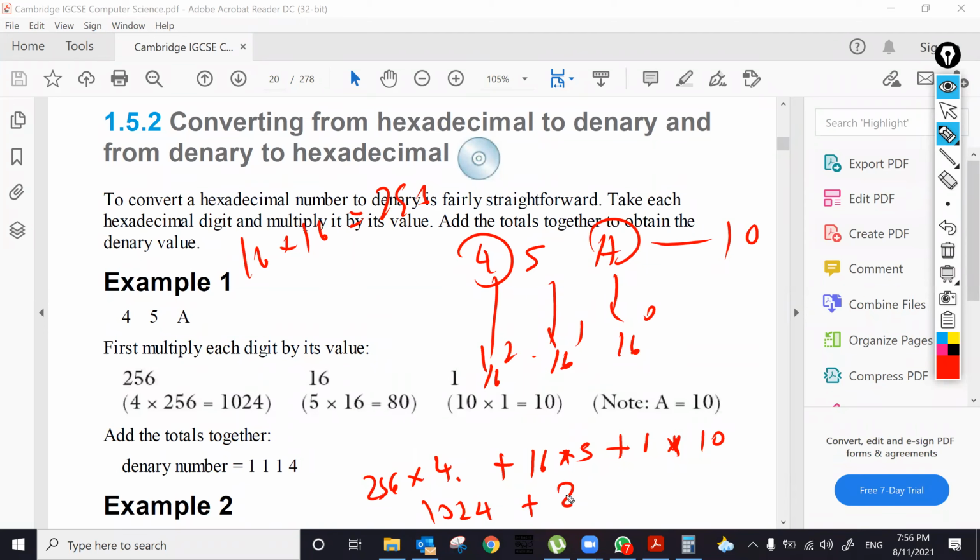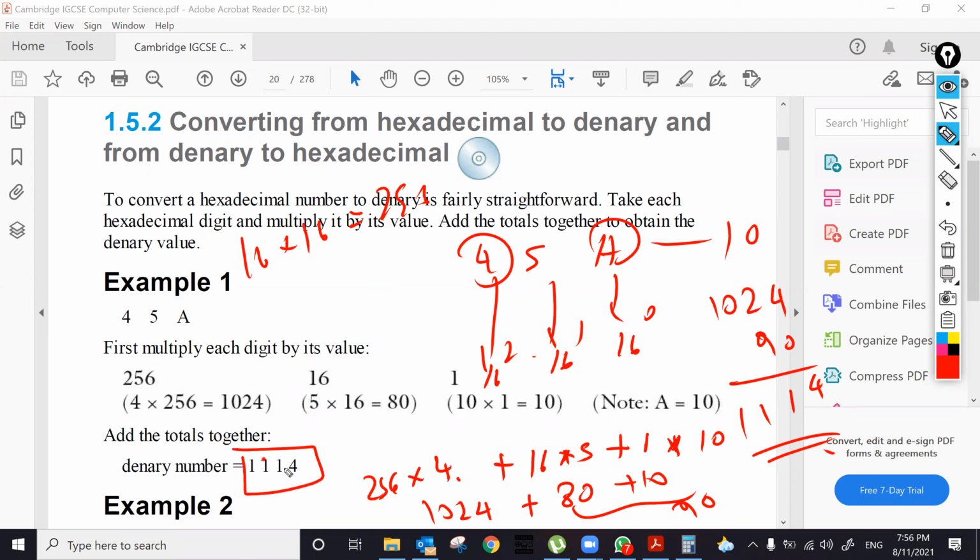Here we have 80, here we have 10, here 90. So 1024 plus 90, 1114. This is the denary value. Got it?